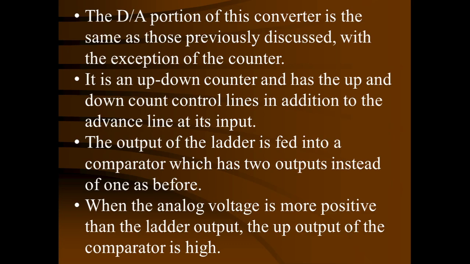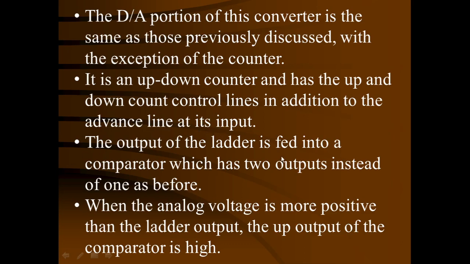In a counter type A to D converter, it was operating in count up mode only. That's why it had to be reset to 0 every time. It is an up down counter and has the up and down count control lines in addition to the advance line, which is nothing but the clock input of this counter.